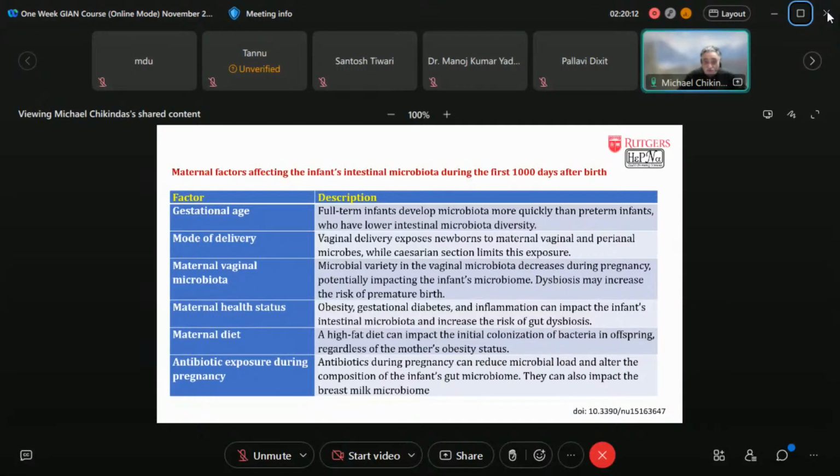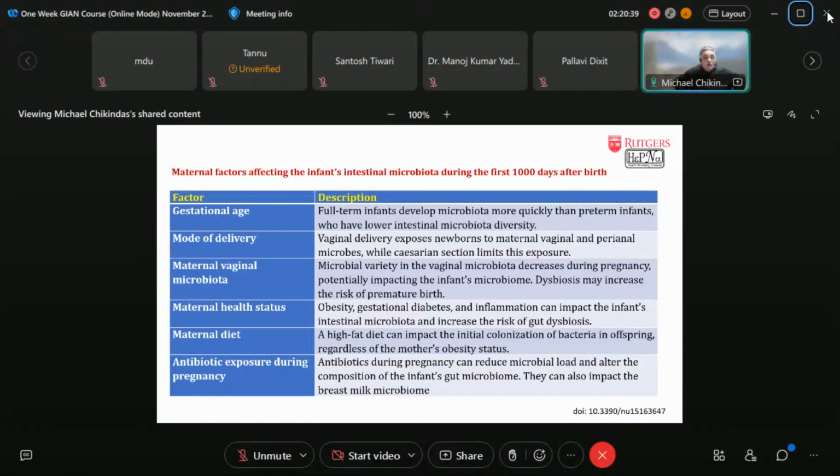All right. So the important thing, of course, is to look at the maternal factors, which may severely influence the intestinal microbiota of the infant during the first 1,000 days after the birth. Gestational age: of course, full-term infants will have better developed microbiota, establishing much quicker into the normal healthy adult status as compared to premature delivery.